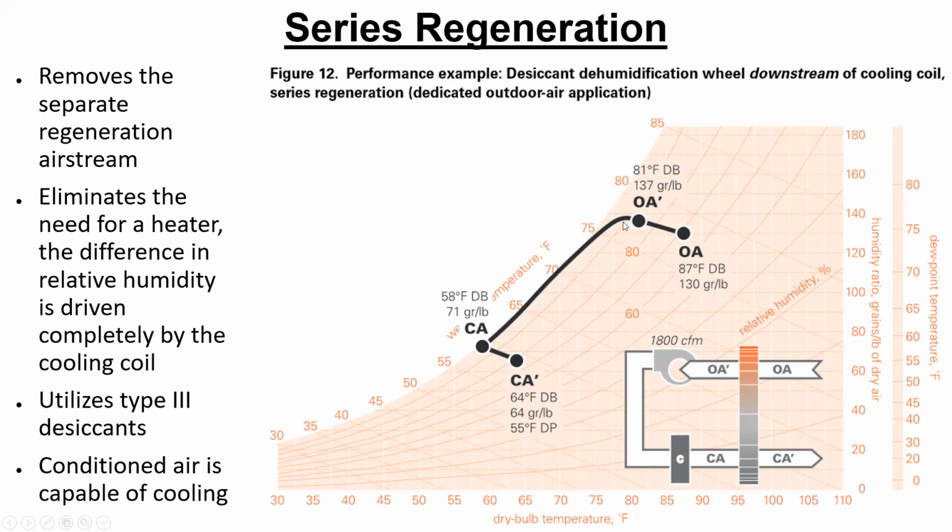You condense it, that's why you're coming down as you go through the cooling coil. And at the point CA, you go through the wheel one more time, you dry more, that's why you come down in terms of specific humidity, but you gain some heat. That's what we provide to the space. So less heating on this side, and we save some heating cost in this case.